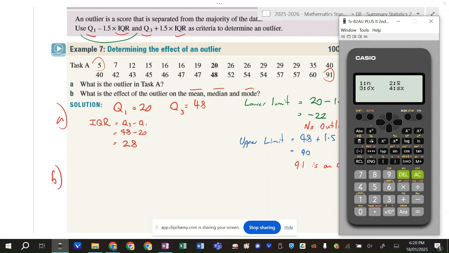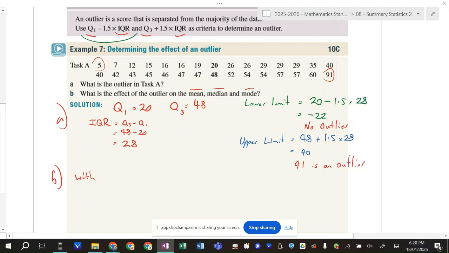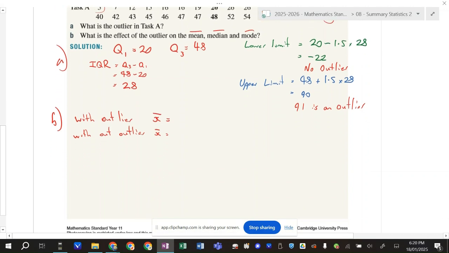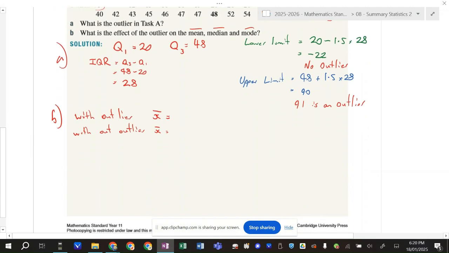So we're going to go with outlier, X with the bar equals. And then we'll go without outlier, X with the bar equals. And then we'll go median, and we'll see what that does.